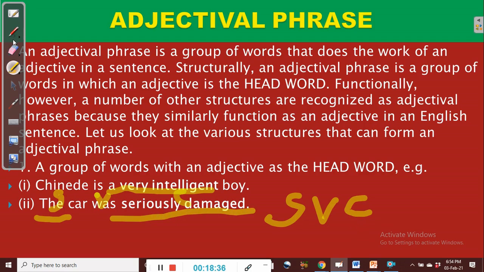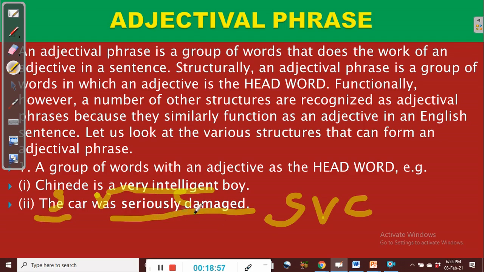All right, and here is the complement of the subject. The subject is a noun phrase, so the adjective phrase is an exact description of the subject. When we say what was seriously damaged, the car.